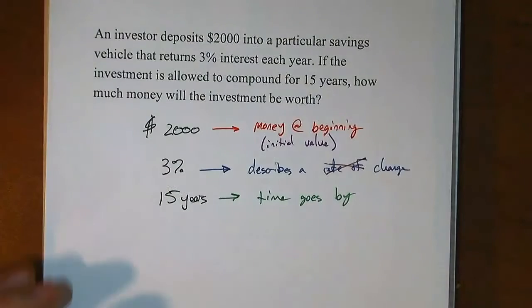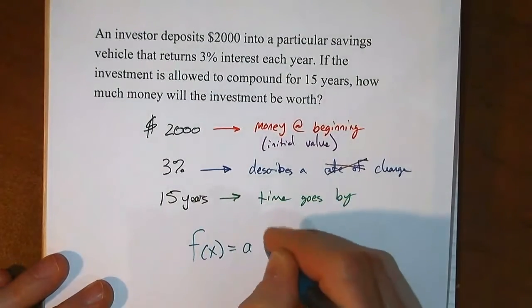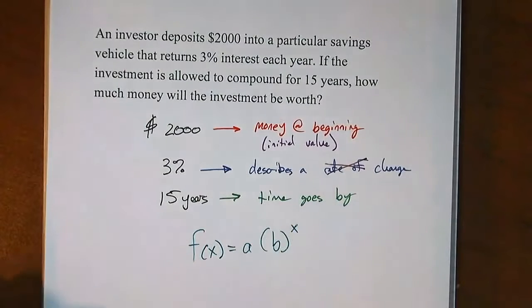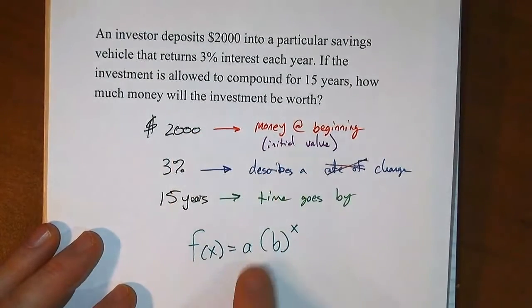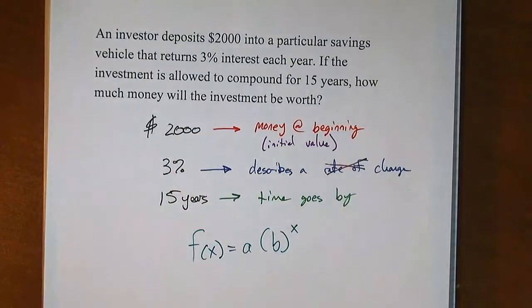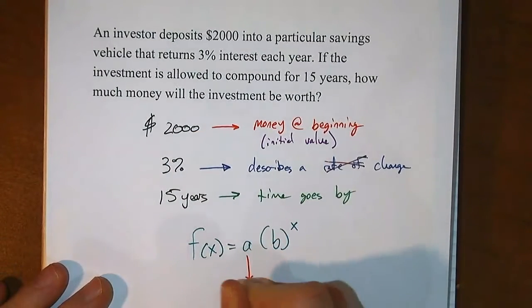So what I can do is say, all right, I know my equation has to look like this. Can I figure out where to put the different bits and pieces? The first bit, like we said, the 2000 is the initial value. And we know that A represents the initial value. So I think this is going to become a 2000.